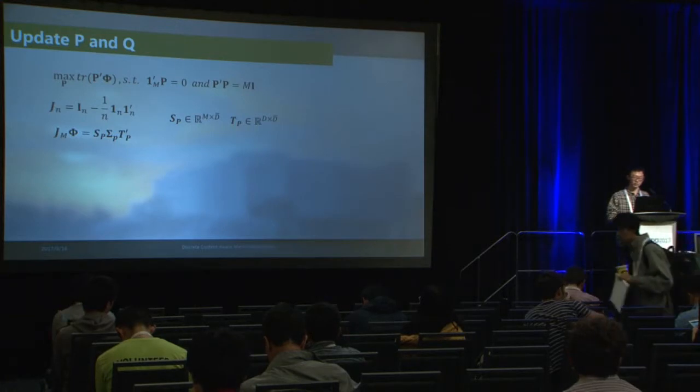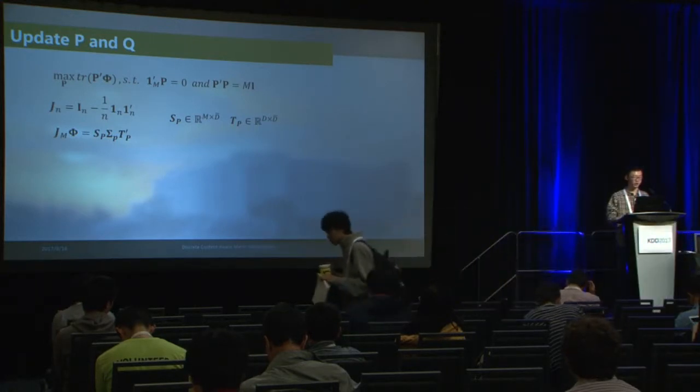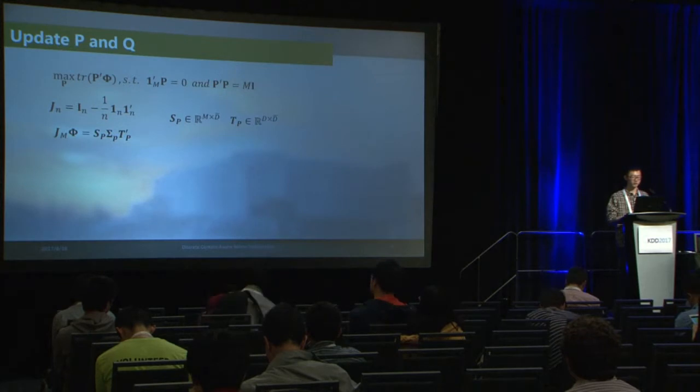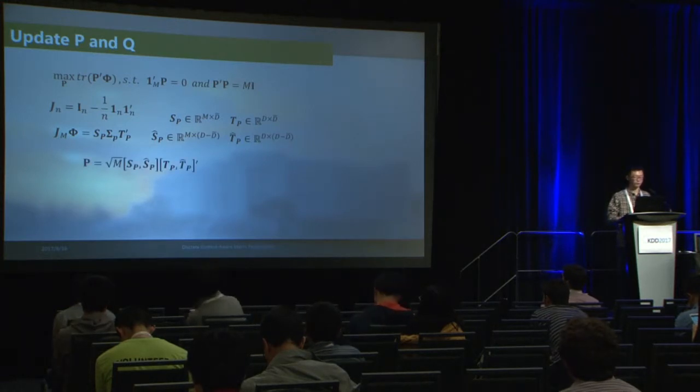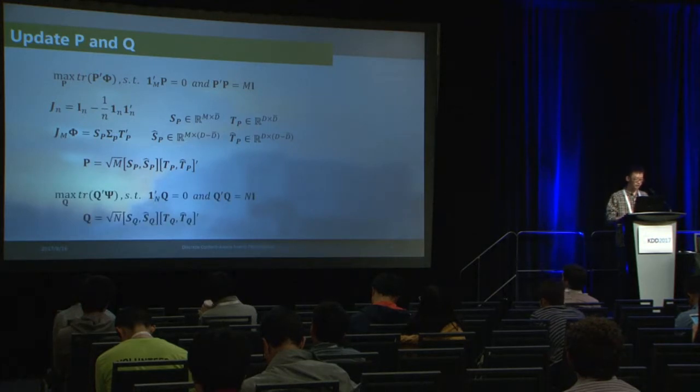For the D2 dimension, phi is not full column rank, so we construct S subscript P hat and T subscript P hat by Gram-Schmidt orthogonalization. Finally, we have the update rule for P. And the objective and update rule for Q are similar to P.